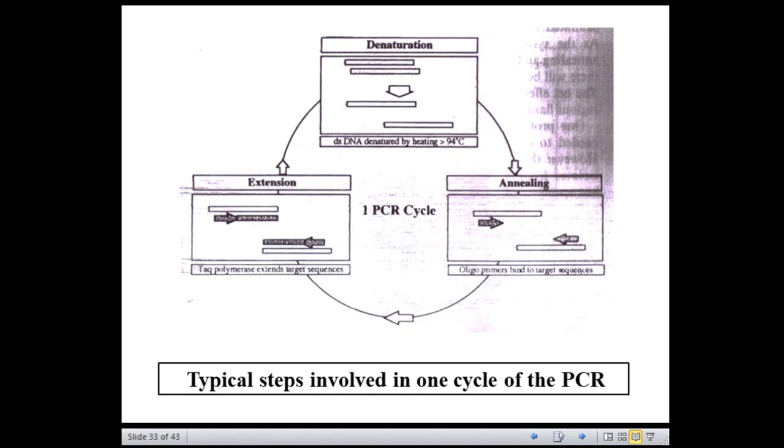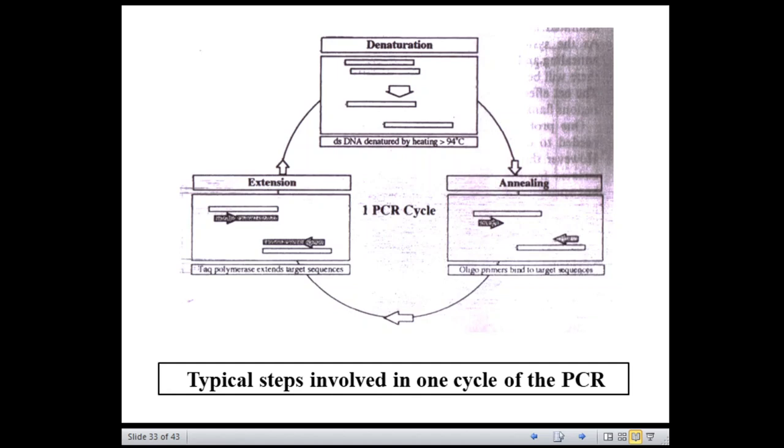So this is the overall idea of one cycle of PCR. The region within the complex DNA which has to be specifically amplified, which we call the target DNA, is made accessible.